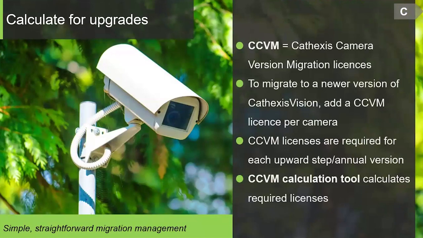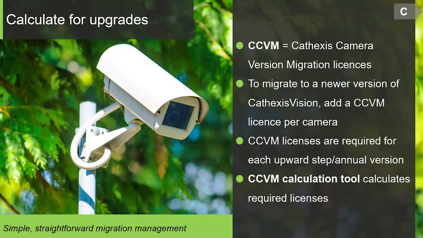CCVMs can be used to migrate to a newer version of the software. And it's basically you add a CCVM license per camera per year of upgrade. So for each upward step, you require one CCVM.